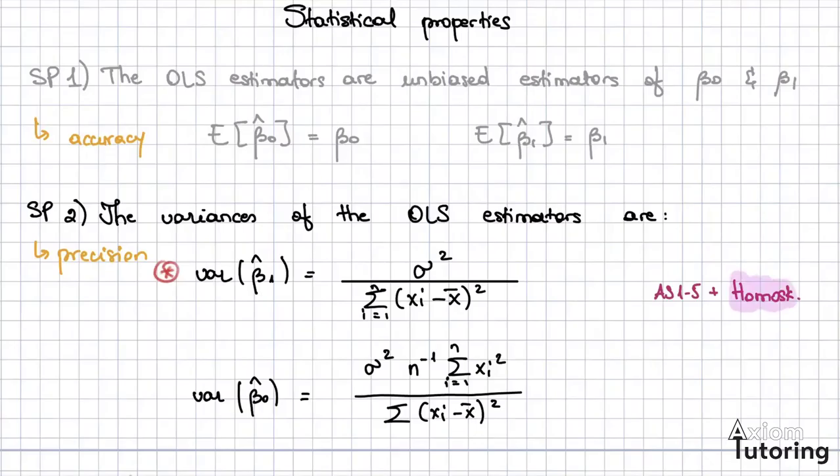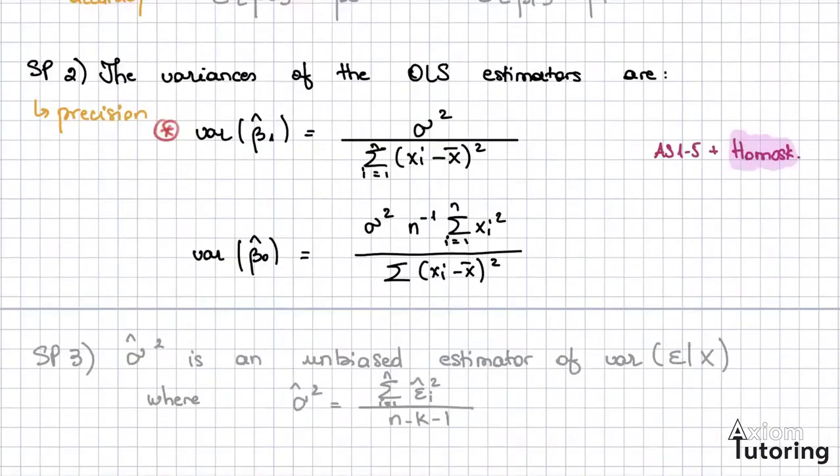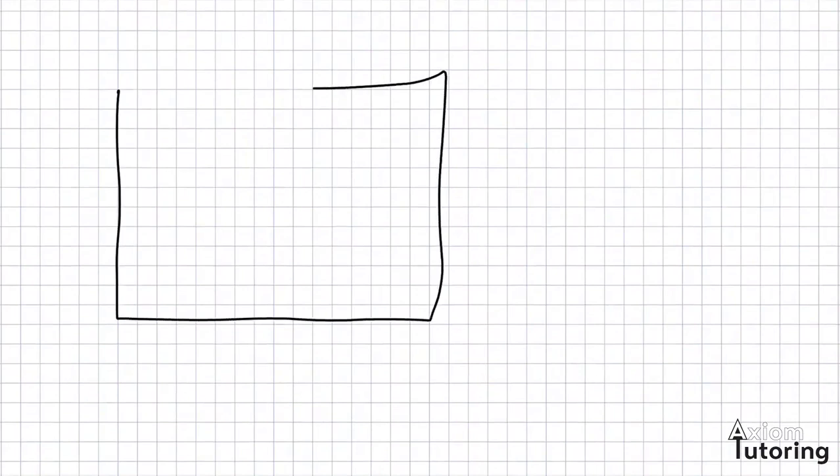So let me give you a little bit of an intuition first on what the variance of an estimator means, and then we'll move into what exactly this mathematical expression introduces to us. Think about a scenario where this is where all the observations that you have for a particular population are. Every time you take a random sample here, you will run an OLS, and you will get a beta 1 hat.